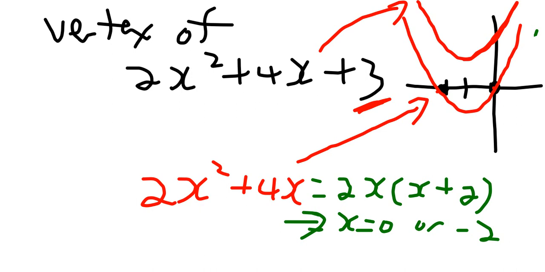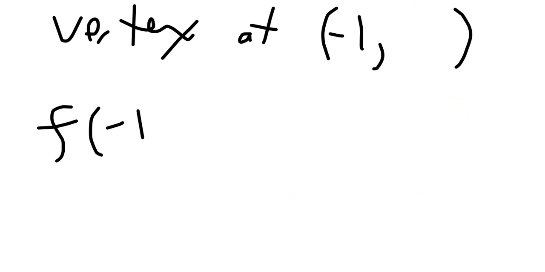What's that going to be? Well, it's the average between 0 and -2. It's -1. So our vertex is at -1, and then we just need the y value. Well, the y value at -1 is just your function at -1.